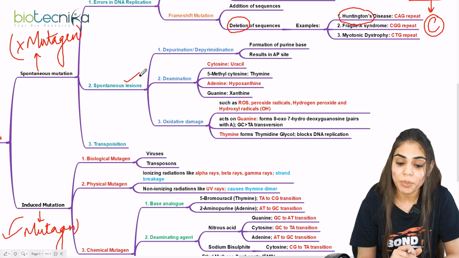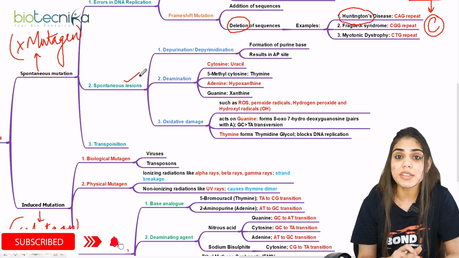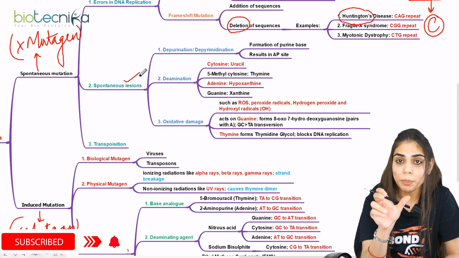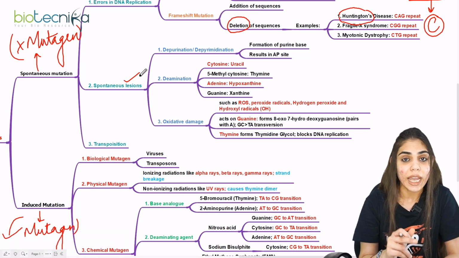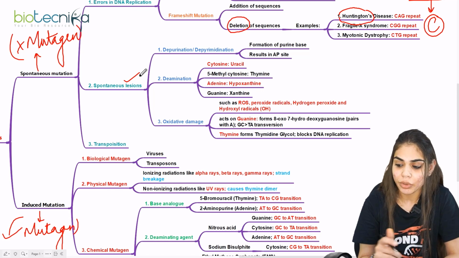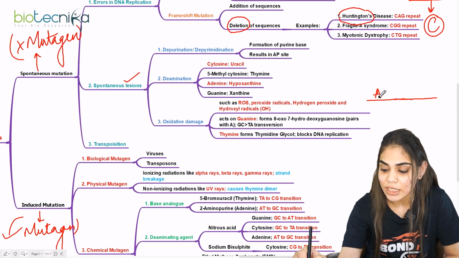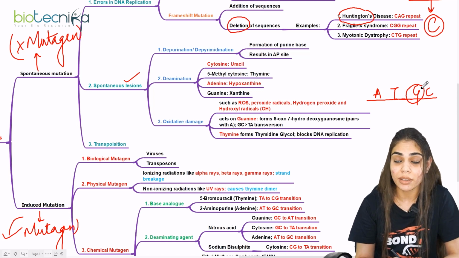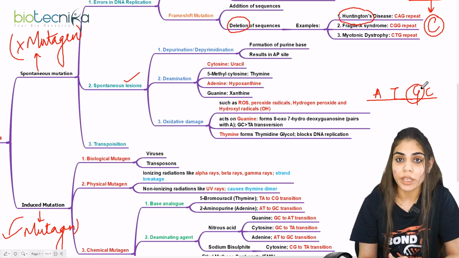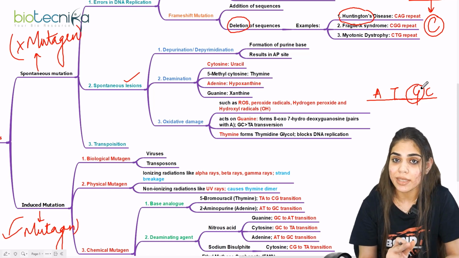What actually happens in depurination or depyrimidination? De stands for removal, meaning any purine or pyrimidine base in DNA will be removed. And if these bases are removed, that site will be empty. Suppose this is ATGC, and if G is removed from here, this will create an empty space, which is called an apurinic or apyrimidinic site, depending on the type of base that is removed.